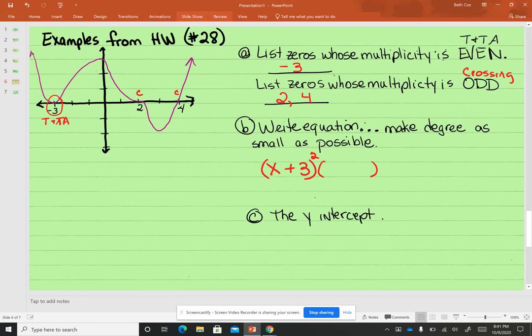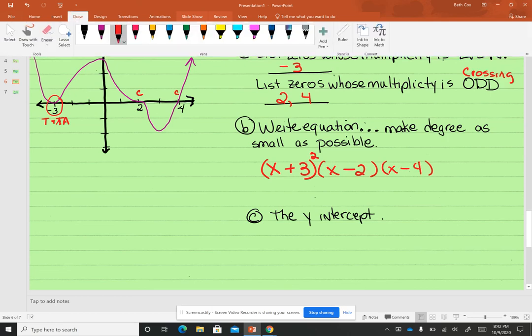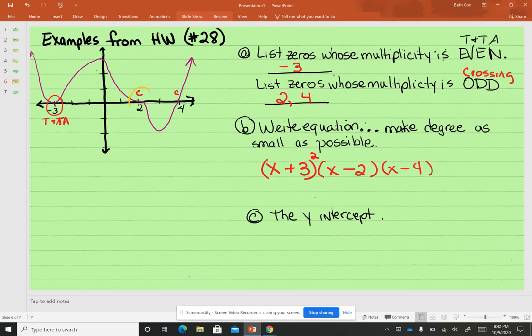Now, the next two is where it's different. We have x minus 2, and we're going to have x minus 4. I told you, look at the difference here. There is this flattening occurring here. This is for higher odd powers. When it flattens, it's higher.